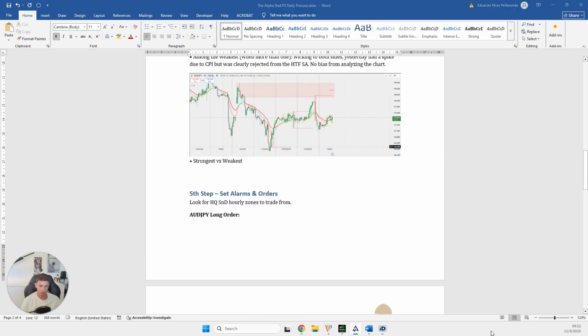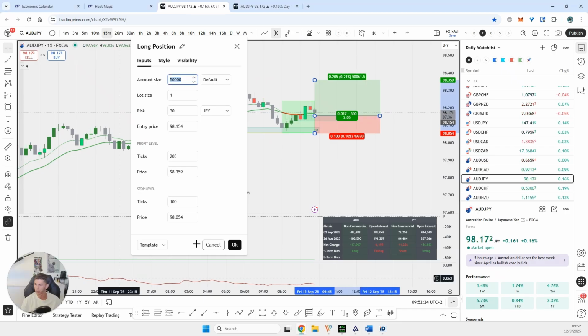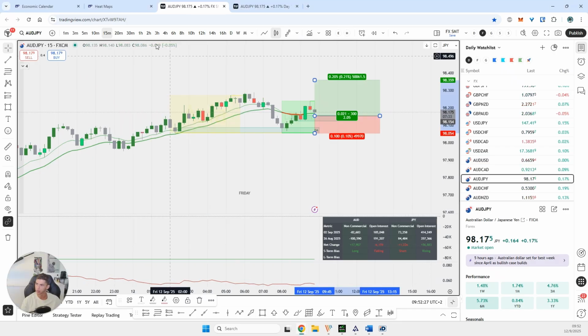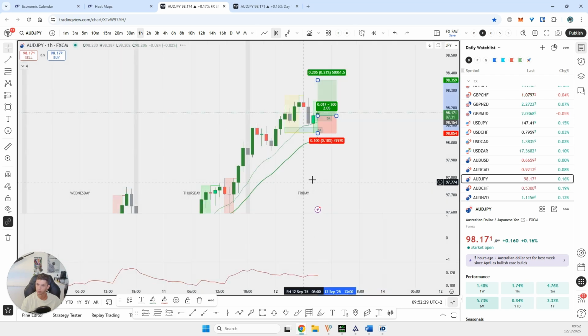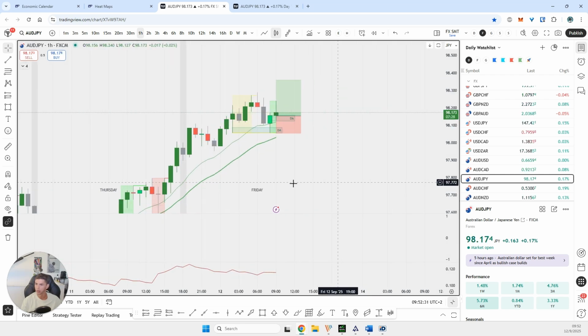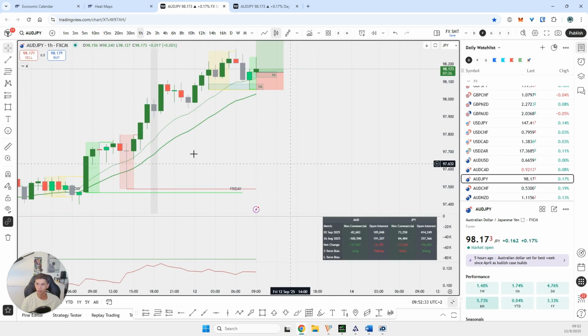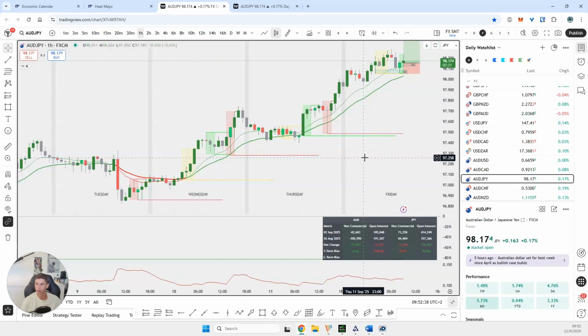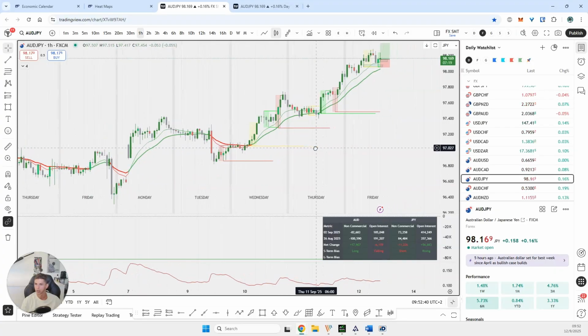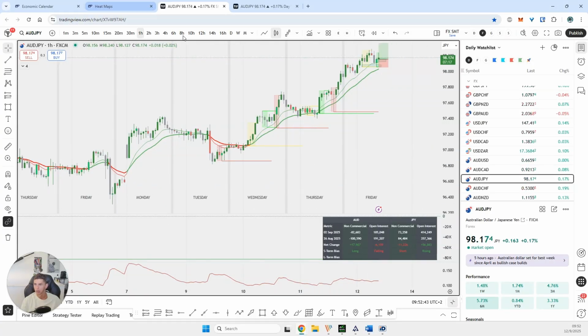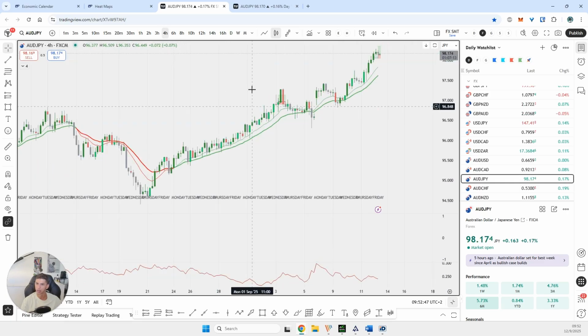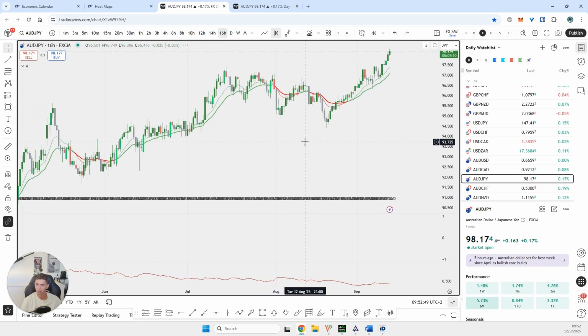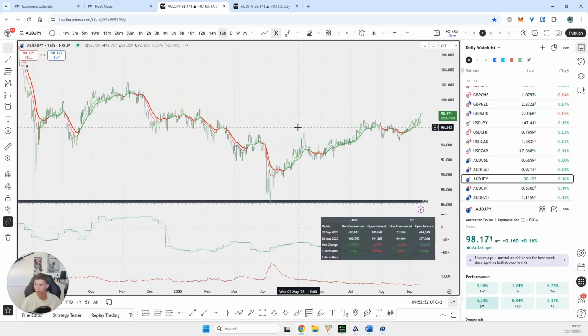Alright, so we had our order. Let's put it before the strong versus weak analysis right here. That is the AUDJPY, fully bullish on all time frames. I wonder why we have so many wicks up here. Let me just check that. Are we in some kind of supply zone or something?